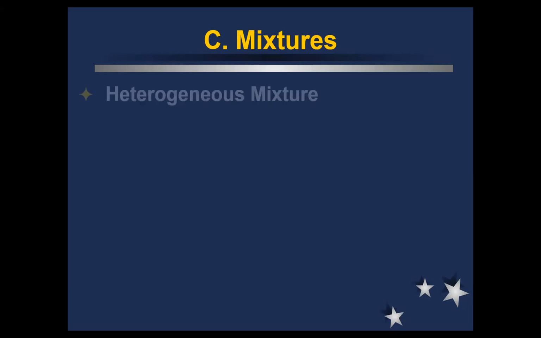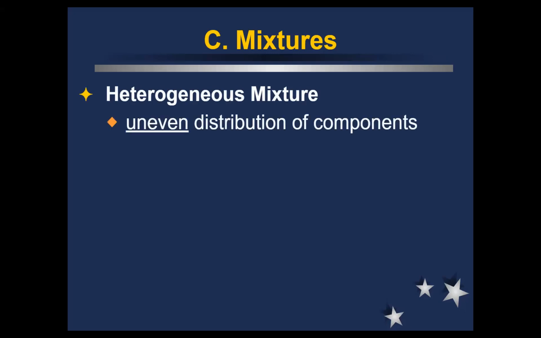On the flip side of this, we've got heterogeneous mixtures. So in these guys, we have uneven distribution of our particles, of our different compounds and components. So like with the example earlier, if homo means the same, hetero means different.